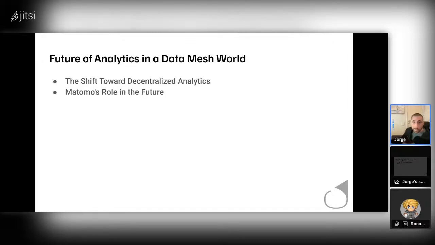The analytics landscape is evolving quickly, with organizations increasingly moving away from centralized, one-size-fits-all data systems. Instead, we're seeing a strong trend toward domain-driven, decentralized analytics that aligns with the principles of data mesh.